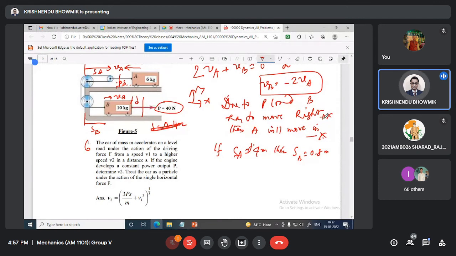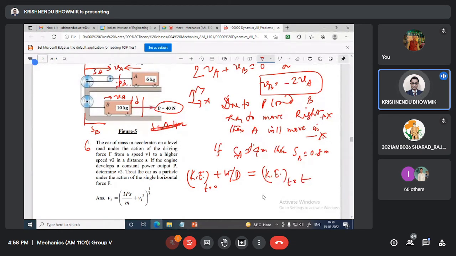Now, if I use two conditions, that initially it was at rest. Initially it was at rest. So kinetic energy plus work done equal to kinetic energy, T0 plus work done equal to T at time t.